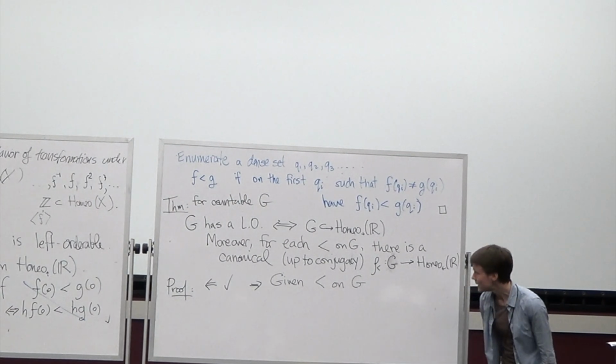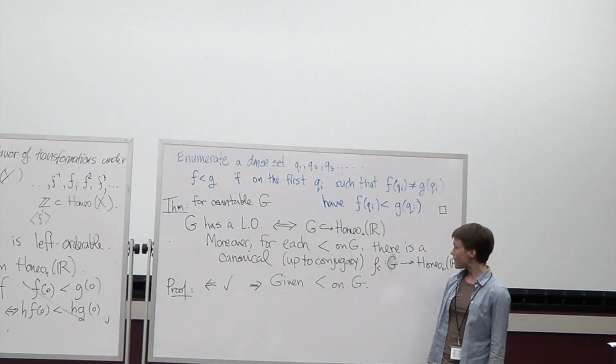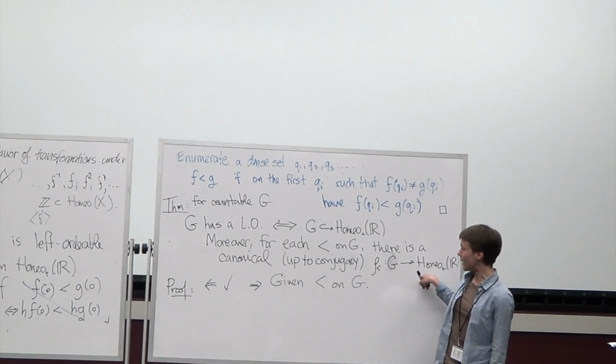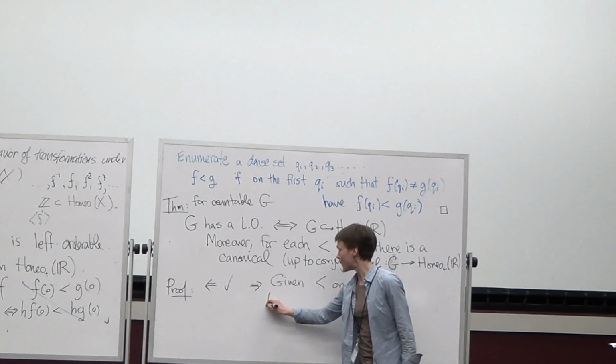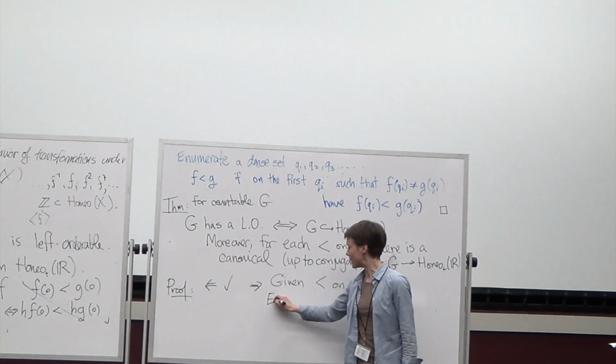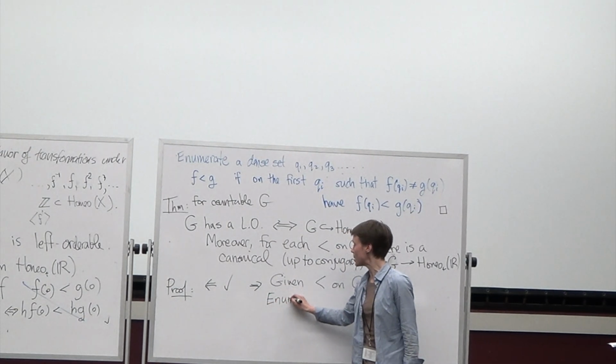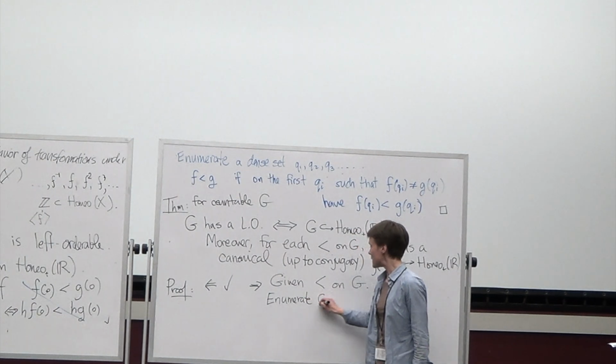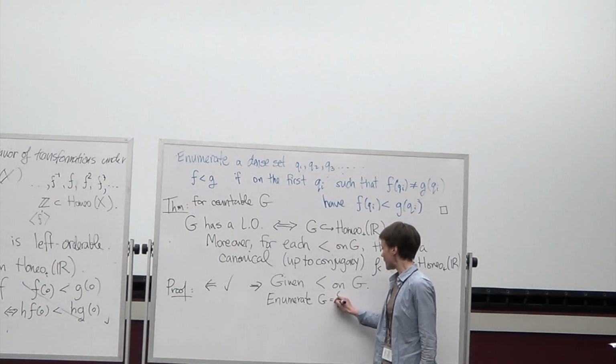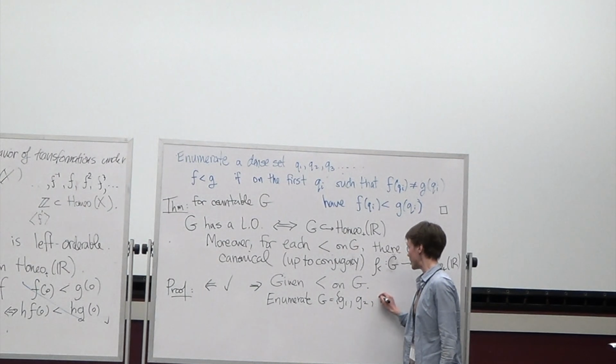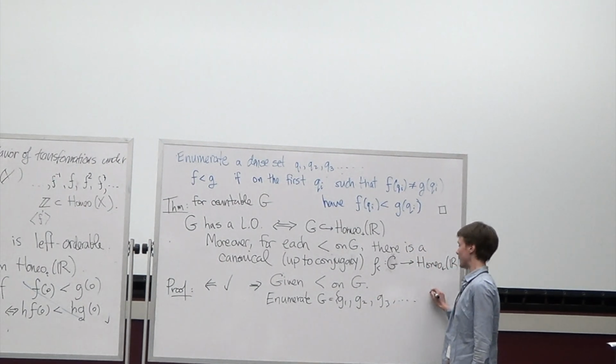Okay, so let's do this. I'm given this. First, I'm going to put G inside the line in an order-preserving way. So let's do this very naively. My group is countable, so I'm going to enumerate G: g1, g2, g3. All right, great.